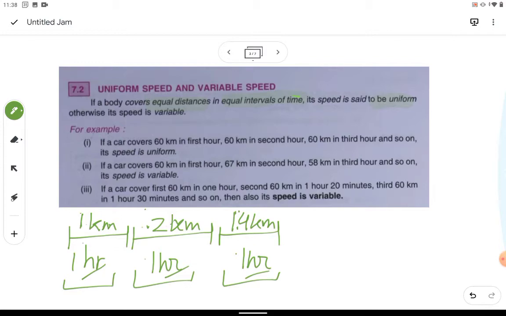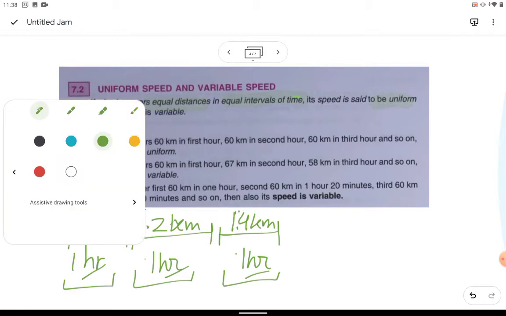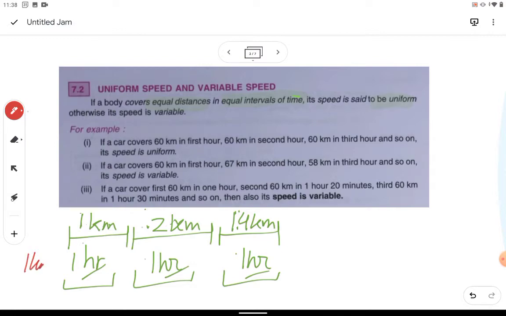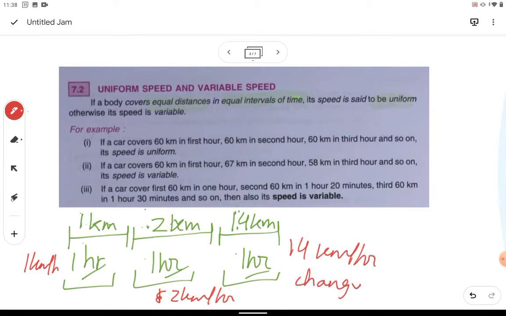So the speed is different in each interval, so the speed is changing, right? In the first hour the speed is 1 kilometer per hour. Second hour it becomes 2 kilometer per hour. Third hour it becomes 14 kilometer per hour. So speed is different, speed is changing, or we can say speed is variable, right?